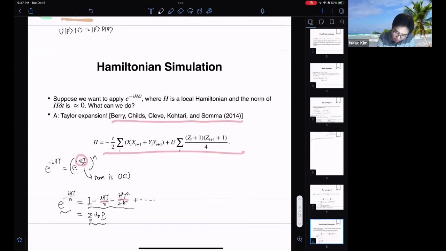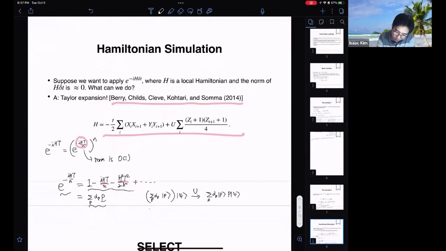What we do is that we prepare this state, and then we apply this unitary U, and then we measure.